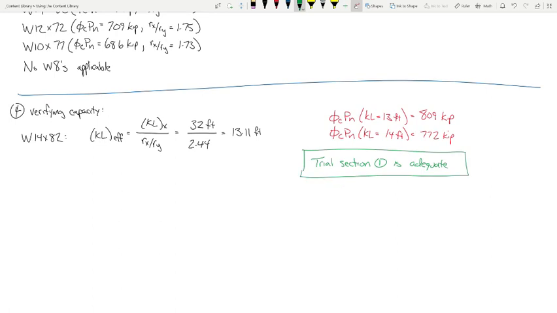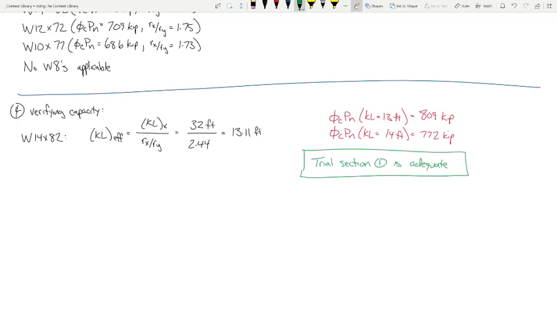Does everybody see that? Because it doesn't matter what we interpolate between these two. Whatever we get, even if it was 772, 772 is bigger than 650. In fact, I'll go you one further. For this column, KLY was 16 feet. What was KL effective? 13.11 feet.